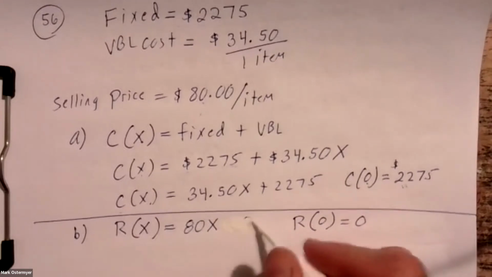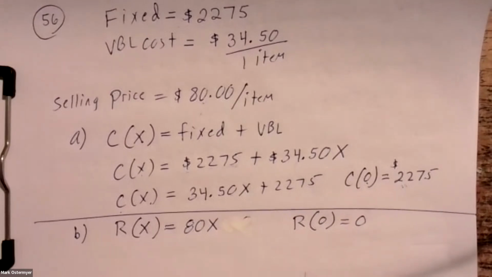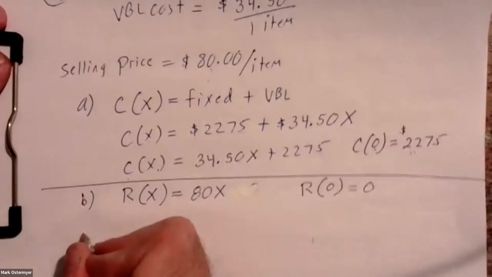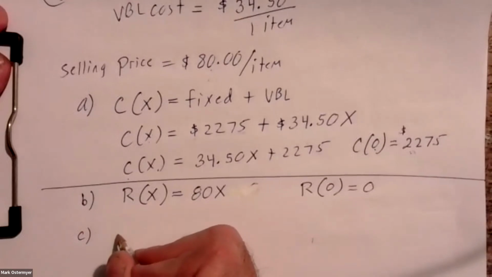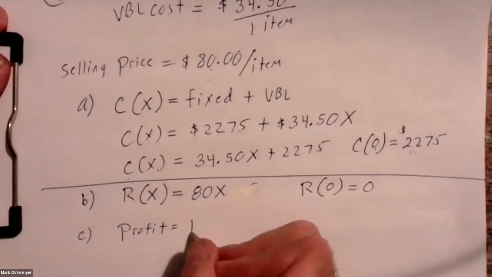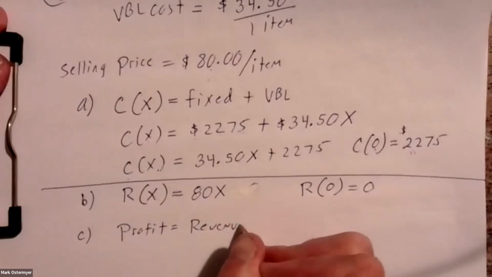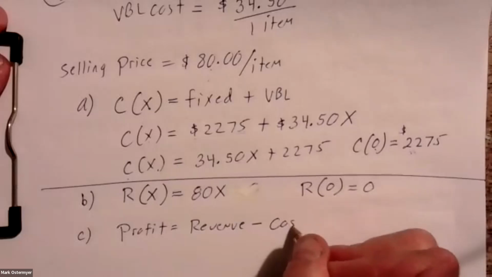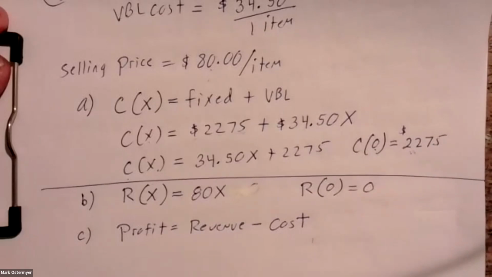All right. The next function in part C that we want to develop is called the profit function. Profit, in the business world, is always equal to revenue, the money you bring in, minus the money you have to outlay, called the cost. Profit is equal to revenue minus cost.